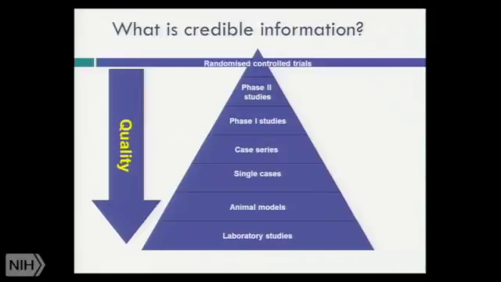Laboratory studies in test tubes, for example, animal models in mice, single cases of people that were treated with a drug, case series, a group of people that were treated with a drug. The quality goes up as you get to the pinnacle of a randomised controlled trial in understanding just how well that information might apply to the larger group of people, for example, with mesothelioma.